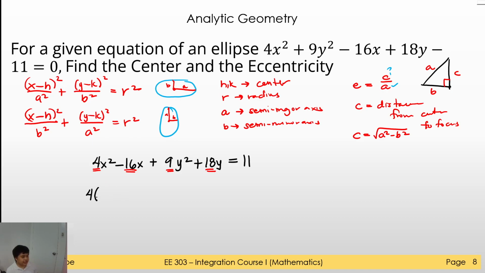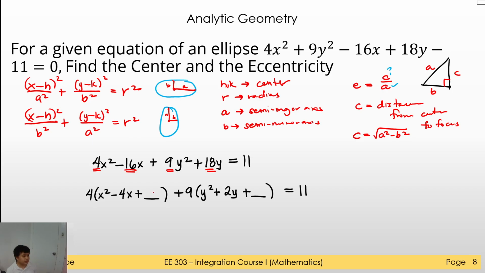So we have 4 times x squared, factoring also the 4 here, minus 4x, and then I will also put a blank. And then for this one, we have 9 times y squared plus, factoring the 9 as well in the 18y, this will become 2y. And then an additional blank here, and then equals 11.